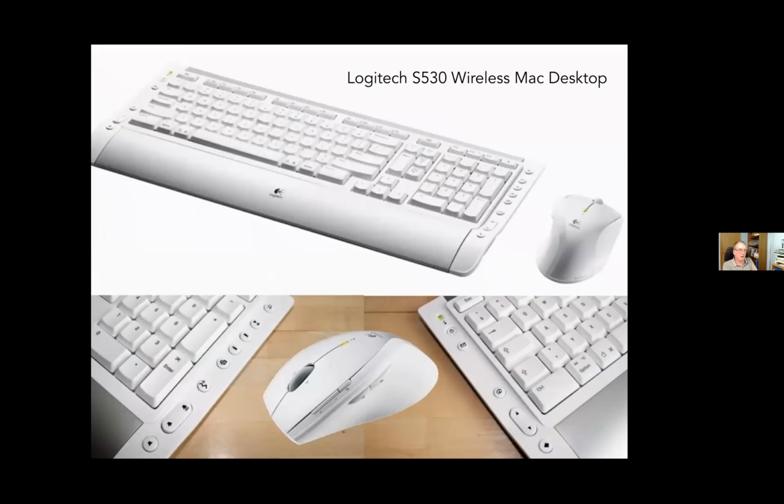Unfortunately, it's no longer available. It's got loads of extra keys down the side for launching applications or scripts. All these are configurable. The mouse has got these wonderful thumb buttons here, and I've assigned them. They come as standard with forward and back, and I've assigned copy and paste.